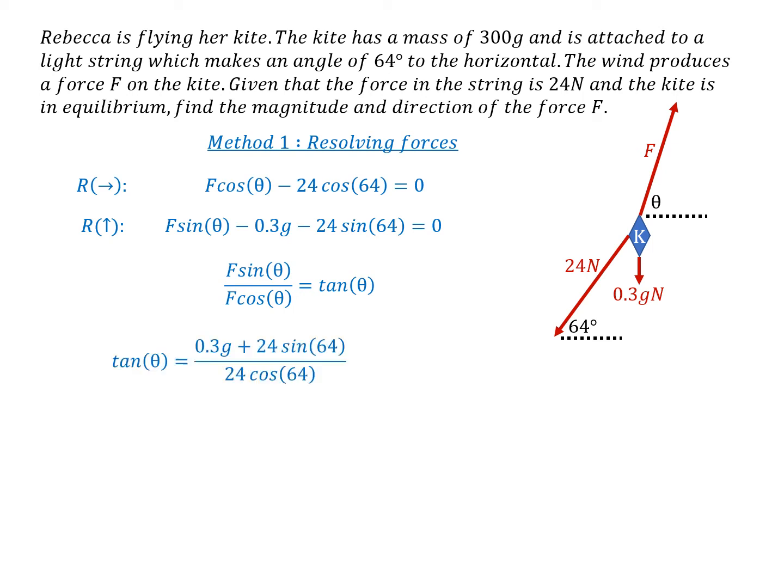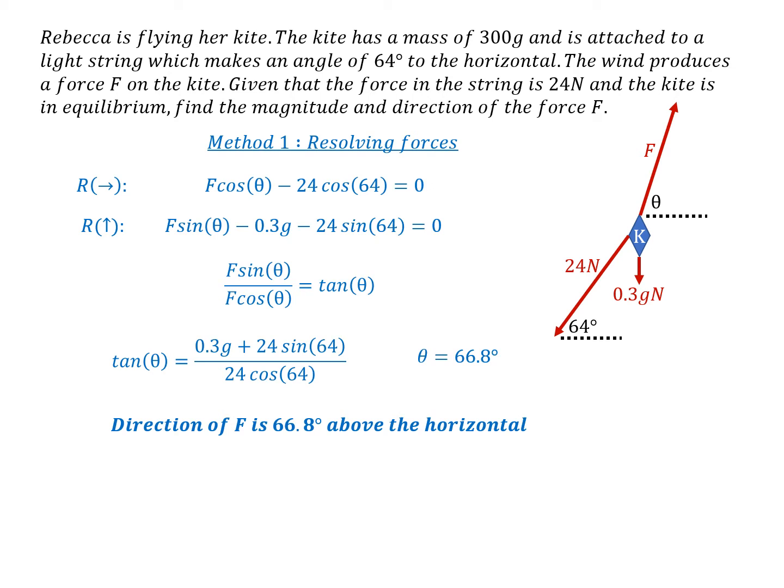So tan theta is F sine theta, which is this, divided by F cos theta, which is that, and pop that into the calculator, and we get theta is 66.8 degrees. So therefore the direction of this force F, the wind, is 66.8 degrees above the horizontal.